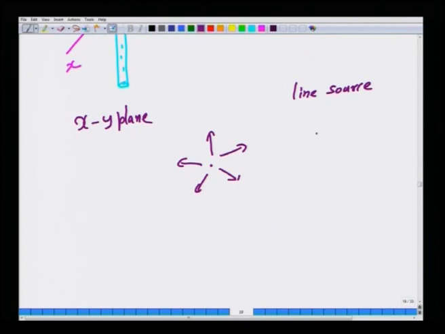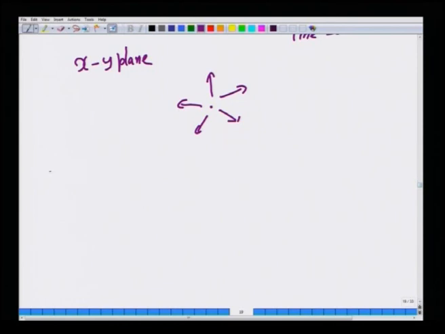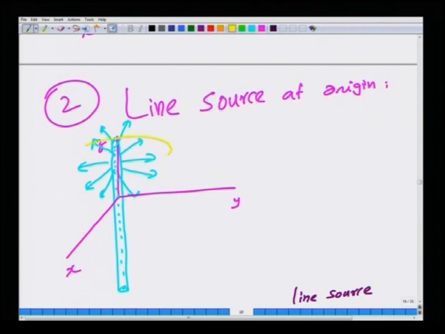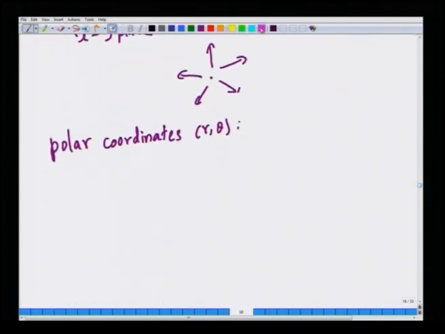So, it is convenient to use polar coordinates instead of x and y. It is convenient to use r and theta. Now, if you go back to this picture, consider an outer cylinder of radius r from the center, and consider the volumetric flow rate that is crossing this outer cylinder.